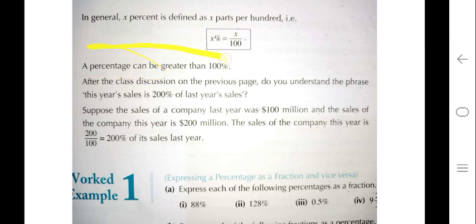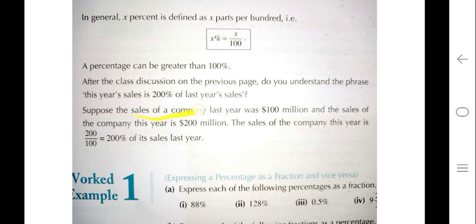A percentage can be greater than 100%. Do you understand the phrase, this year's sales is 200% of last year's sales?